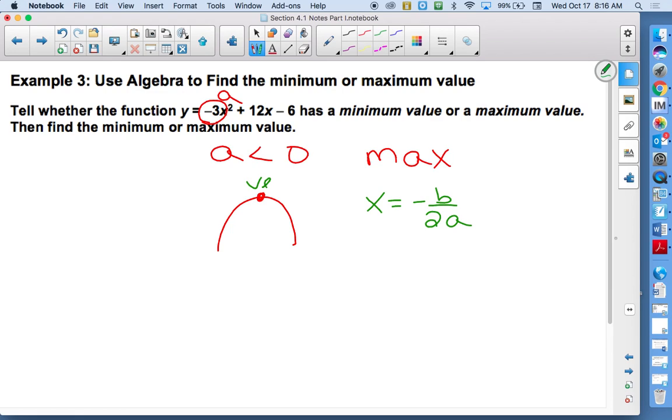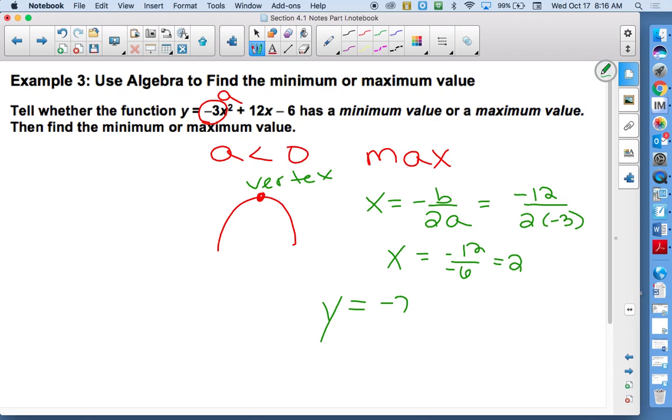So we need to now find the vertex. So -12 over 2 times -3. So we're not graphing it, we're just finding that maximum point now. And then once you have x, our goal is to get the max, which is the y value. So you're going to take the x and plug it in. That should be a 3 there.